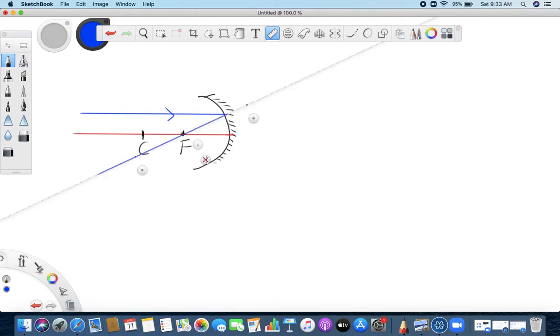This is the first rule. I'm going to teach you 4 rules of light. The first rule: if a light is parallel to principal axis, after reflection it passes from principal focus only. Similarly, let's see for the convex mirror.